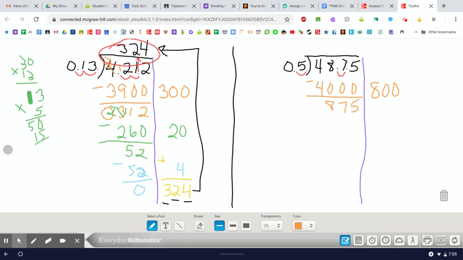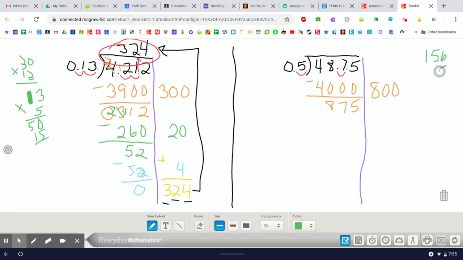Now we see how many 5s are in 875. Well, let's see, 100 5s would be 500. So 110 5s would be 550. 120 5s would be 600. What if I did 5 times 150? What's 5 times 150?